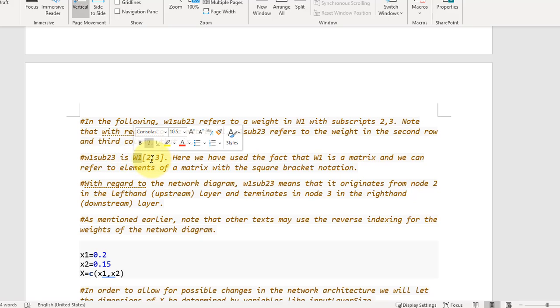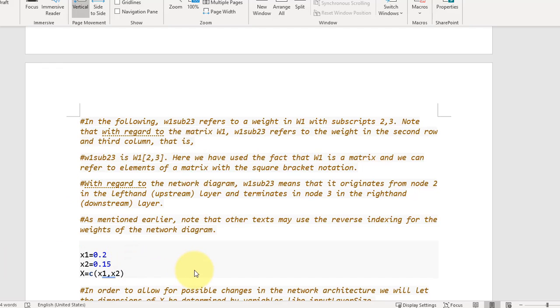This refers to the element in the second row, third column. So this refers to the same thing. This is like a name for it, but this is a way to access it from within the actual matrix. If we've already defined this, then we can always use this method of accessing the particular weights.